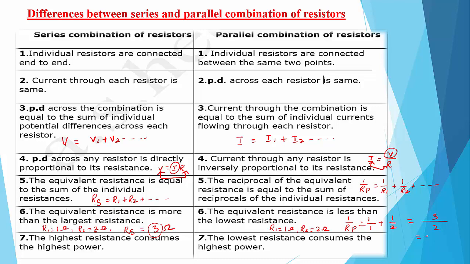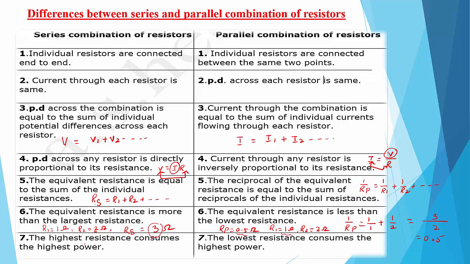Then Rp is 2 divided by 3, about 0.67 ohm. Now compare: R1 is 1, R2 is 2, but Rp is less than both. Now read that sentence again: the equivalent resistance is always less than the lowest resistance. The lowest resistance is how much? 1 ohm. This is in parallel combination.